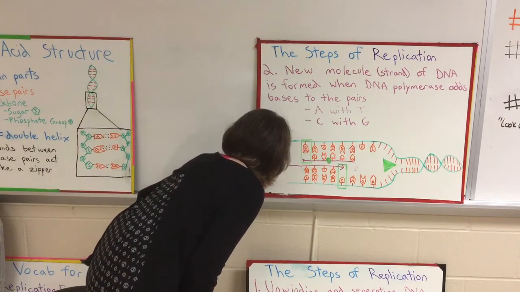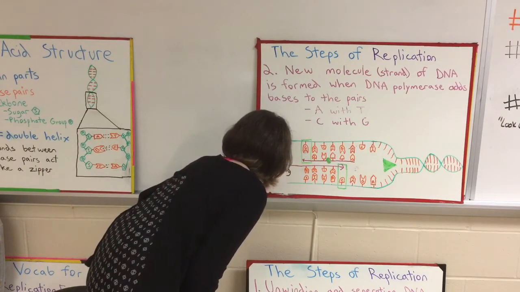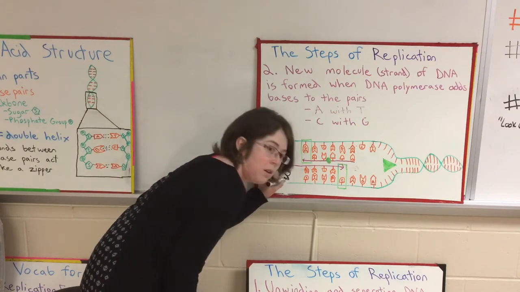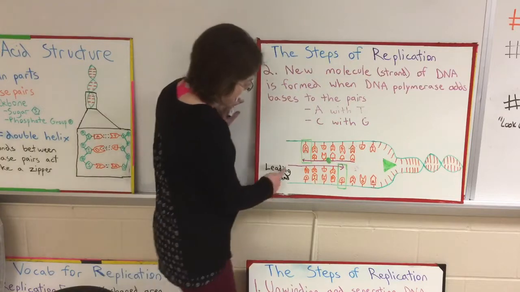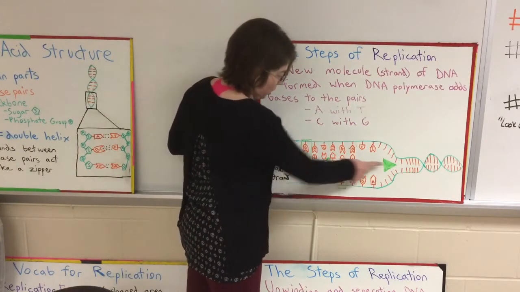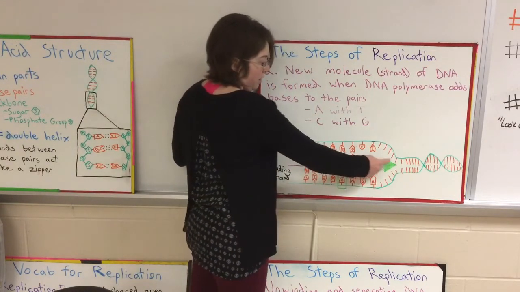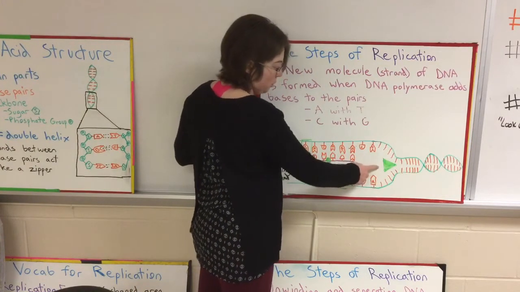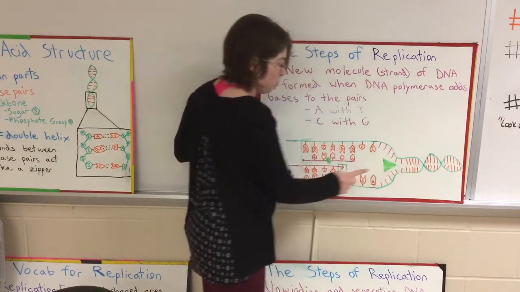Because as I drew in this arrow, it's going towards this replication fork Y, or towards where the helicase is separating the molecule.